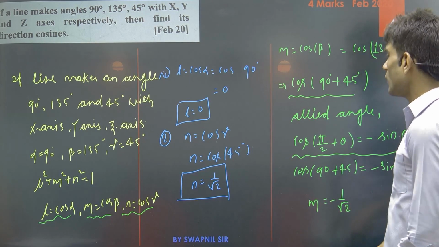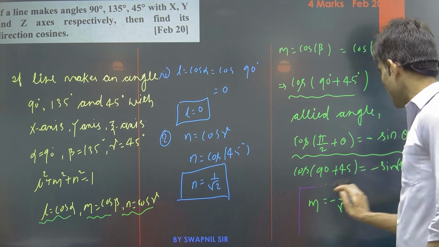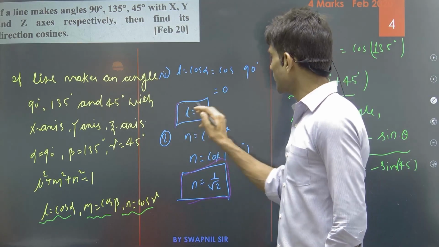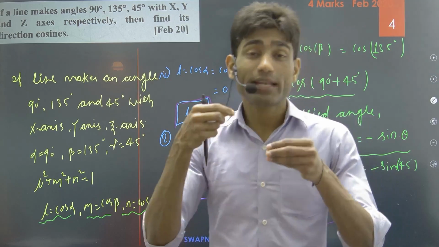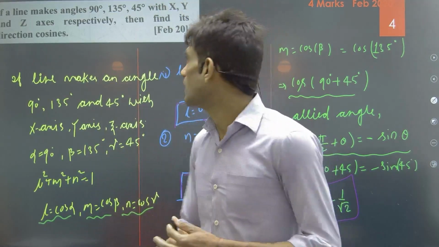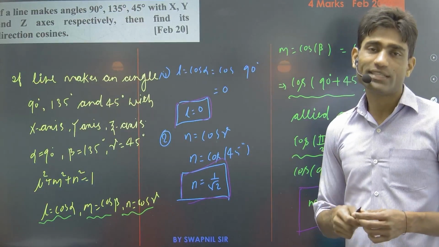So we got the three different values: l, m and n. These three are the required direction cosines for our given angles alpha, beta, gamma for our line which makes angles with x, y and z.